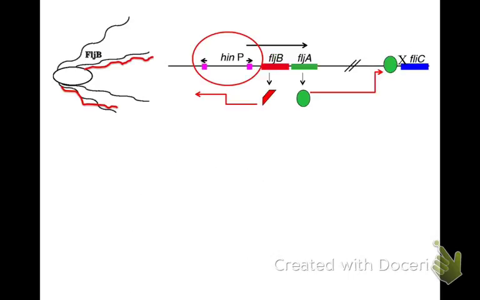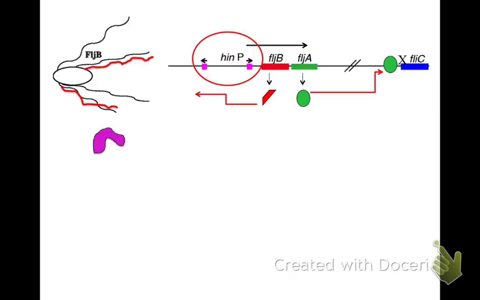And let's look now at how that actually is going to transpire in the cell. So again, here's FljB, and that was the situation that I just showed you. So our promoter is oriented in this direction, so we can transcribe and translate the Flj operon. So we get our subunit for flagellin, and we get the FljA repressor.